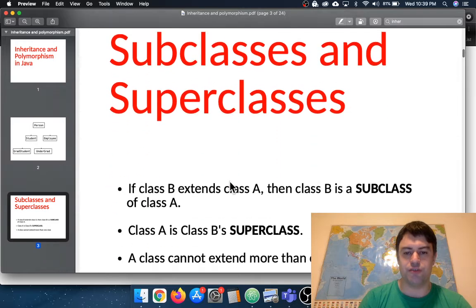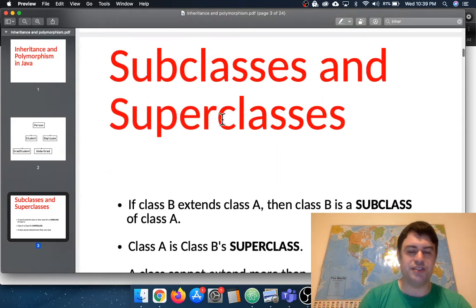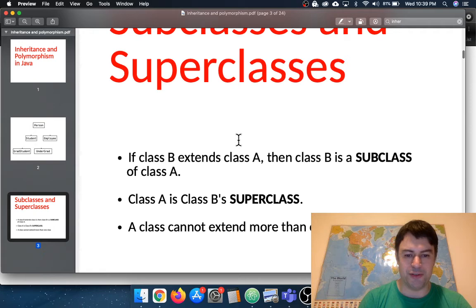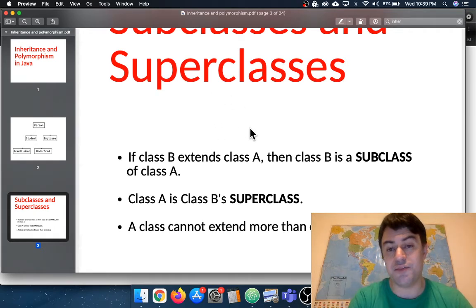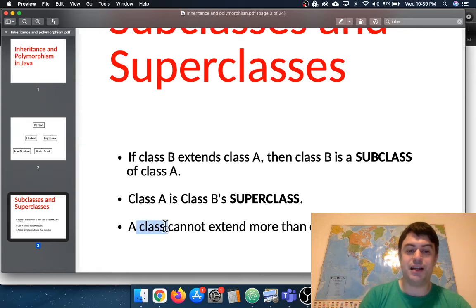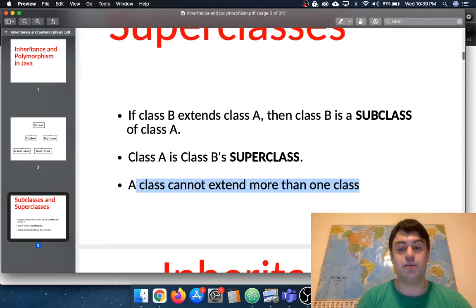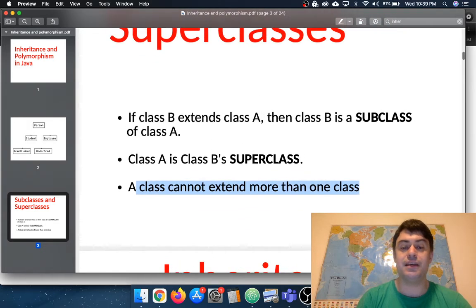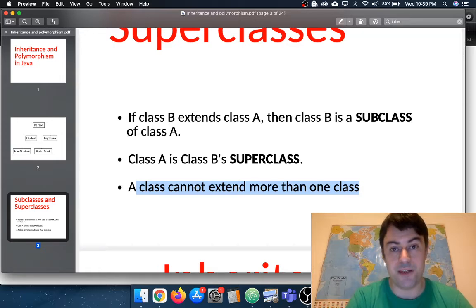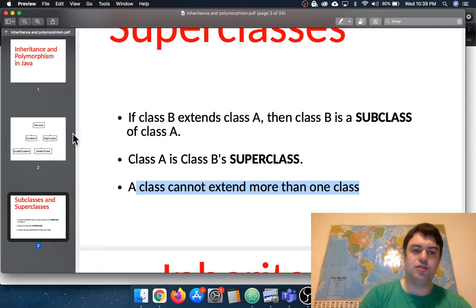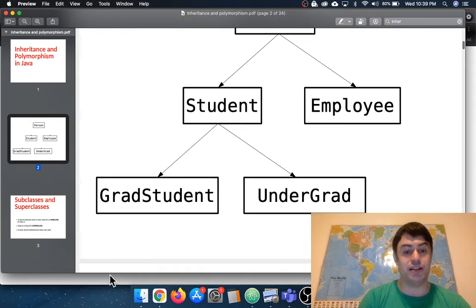If you were to continue reading on, this PowerPoint or whatever would tell you this exact type of thing. But one important thing that it does mention that I haven't is that a class cannot extend more than one class. You just can't. It's just a rule in Java. You can extend exactly one class. You might have noticed, though, that there's this hierarchy here.